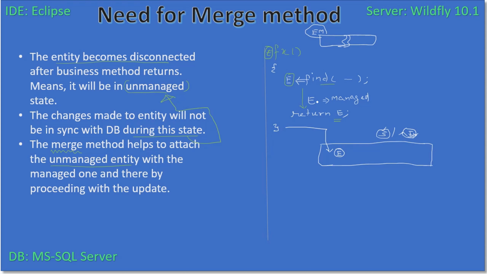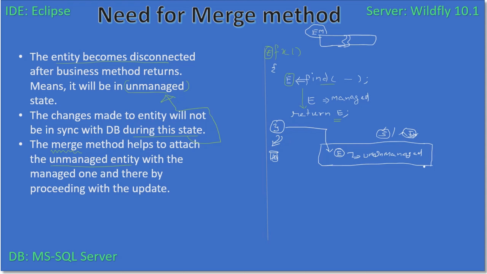Since the entity E is in the managed state, database changes will be applied towards the end, right? But when it is returned to the caller, E becomes unmanaged. So when the object is in the unmanaged state, whatever changes you apply will not get reflected to the database.